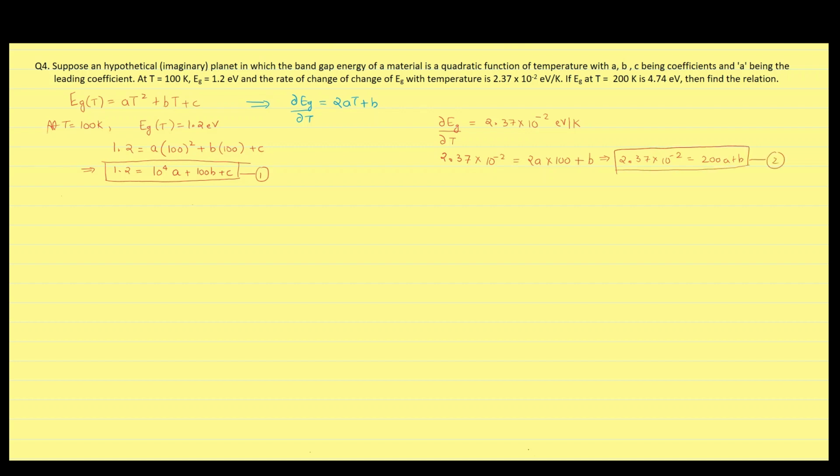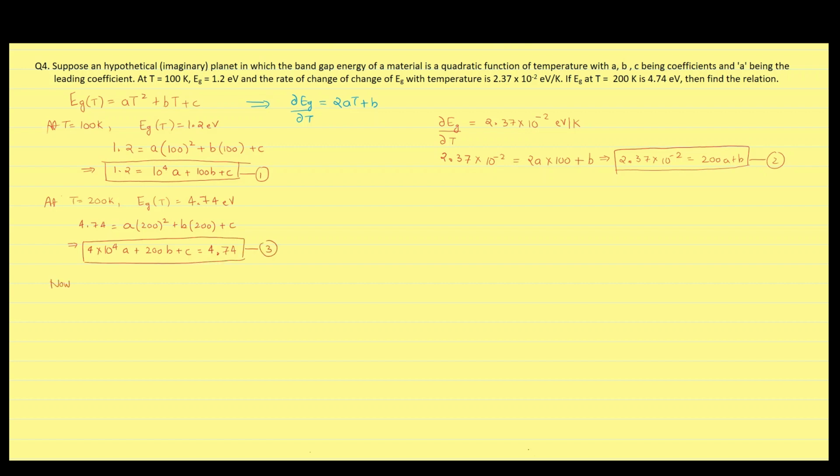It is also provided that at T is equal to 200 Kelvin, band gap energy is equal to 4.74 electron volt. Again, putting the value of T equal to 200 in the original equation of band gap energy, we will find another relation which will be like this. Let this equation be the third equation.